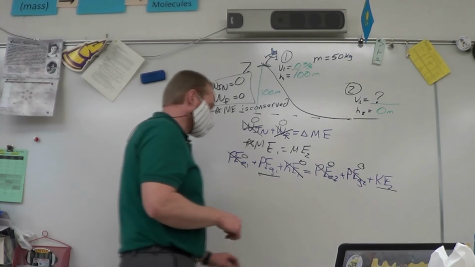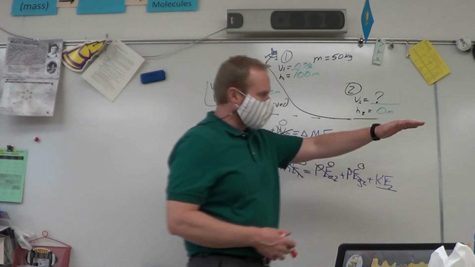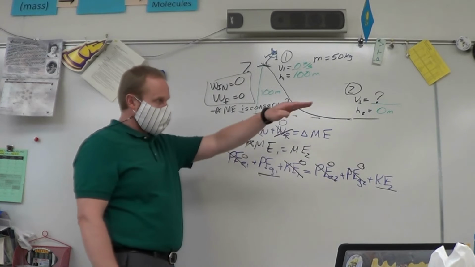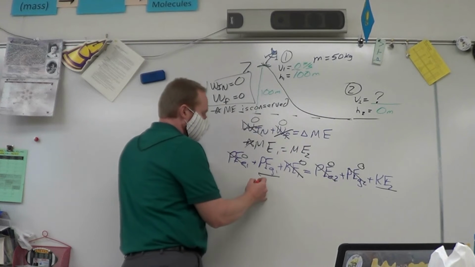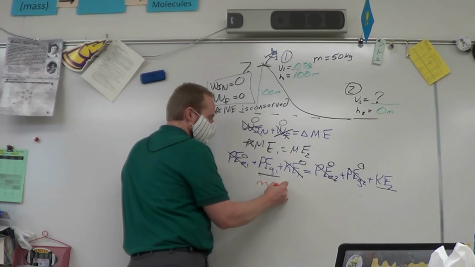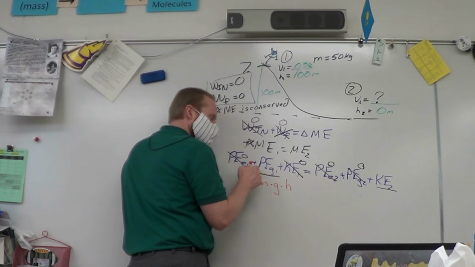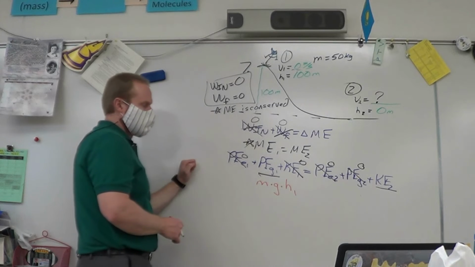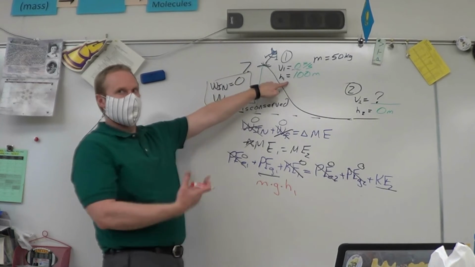Okay? Now this next piece, I can go through and say, well, PEG, we can calculate PEG by taking the mass of the object times our gravitational acceleration times the h. Now since I'm talking about PEG1, I'm going to talk about m times g times h1. Look, I already labeled h1.